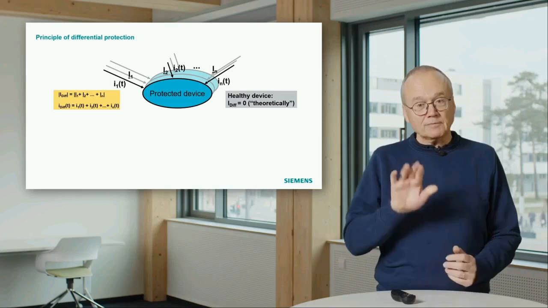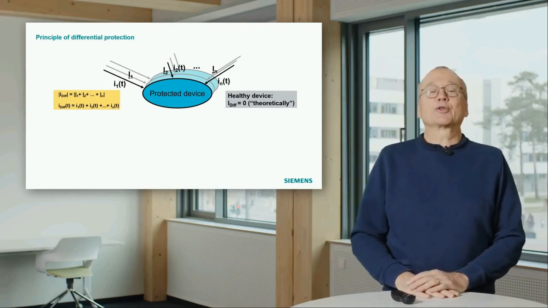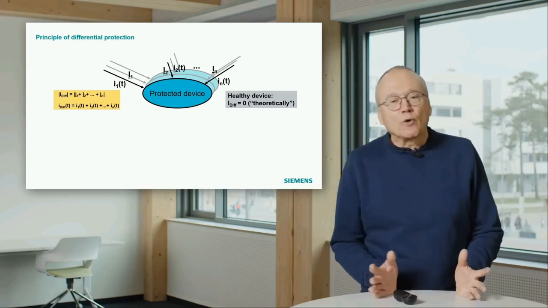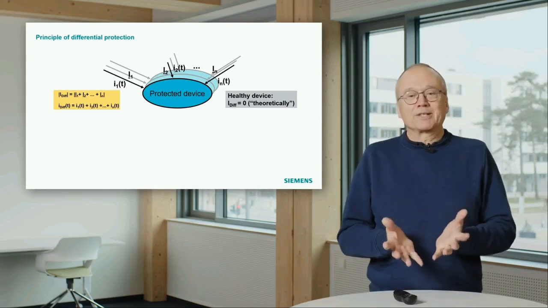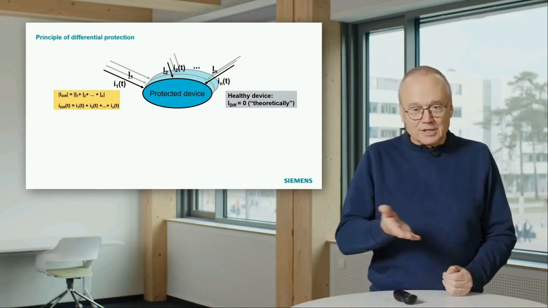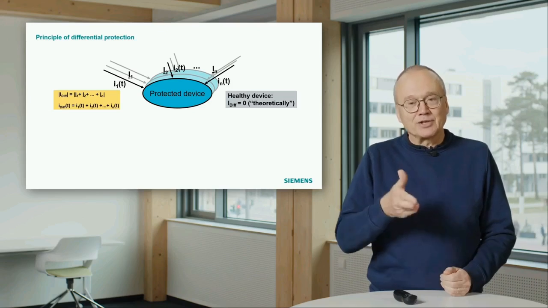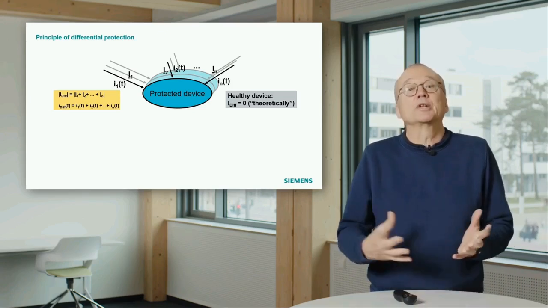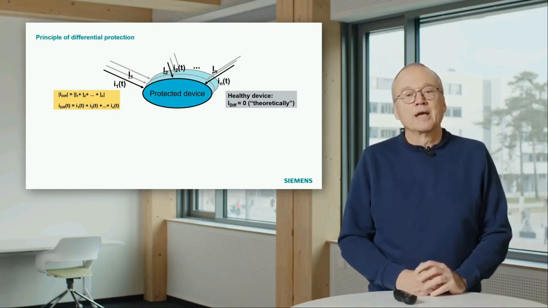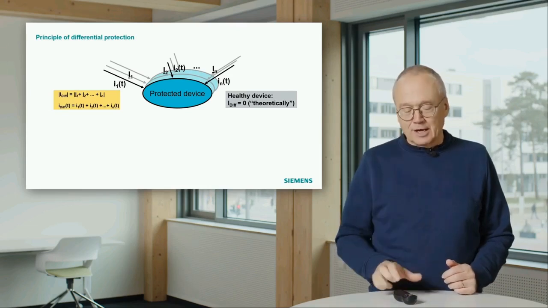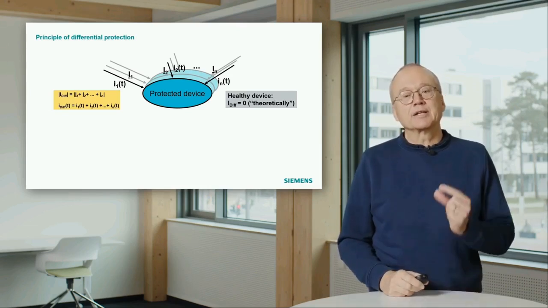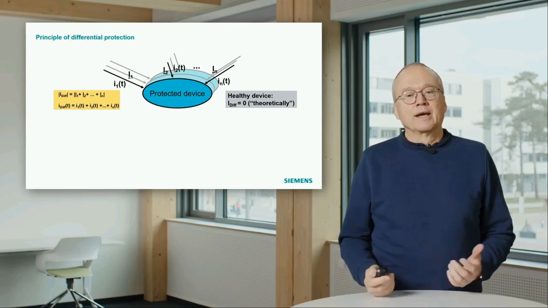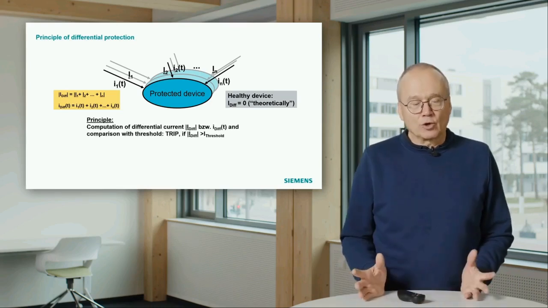But you see here, I wrote "theoretically". Of course, if you program such a thing, you cannot ask, is the differential current exactly 0? It will never be exactly 0. That means you must always allow a certain deviation from 0, and we call that threshold.